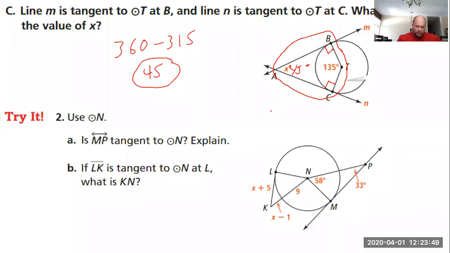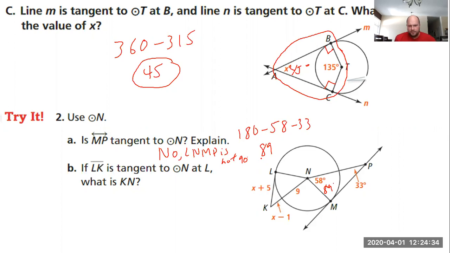So we have 180 minus the 58 minus the 33. And if we do 180 and subtract those two values, 58 and 33, it leaves us with 89. So this angle is 89. Is it a tangent? No, because that angle would have to be 90 degrees. Angle NMP is not 90, or not a right angle.